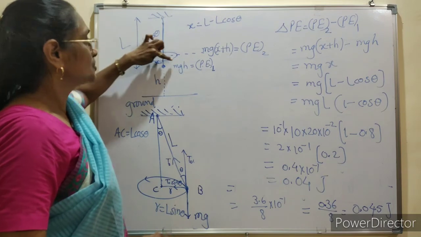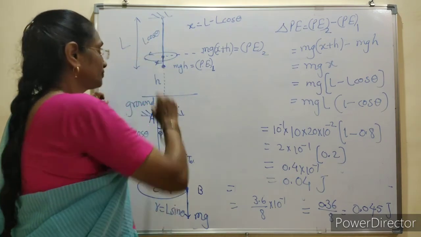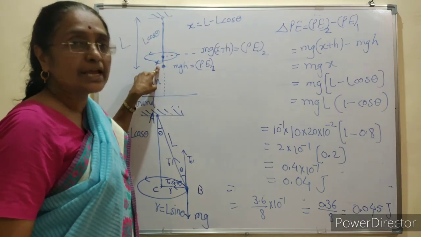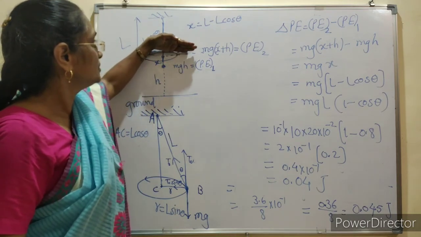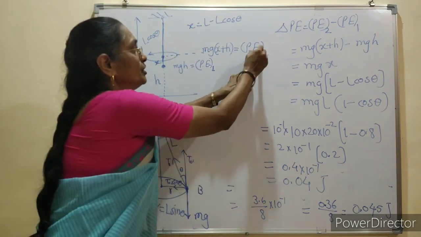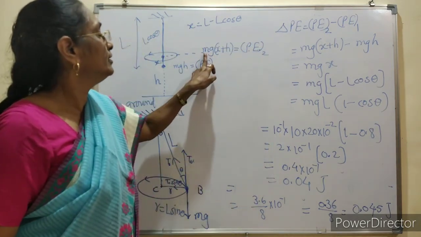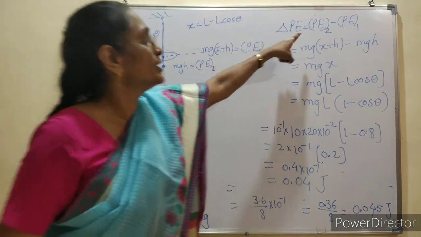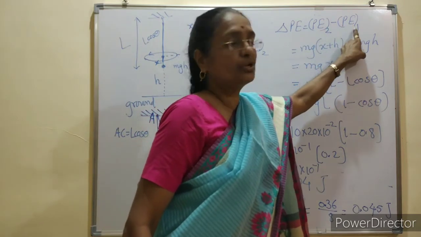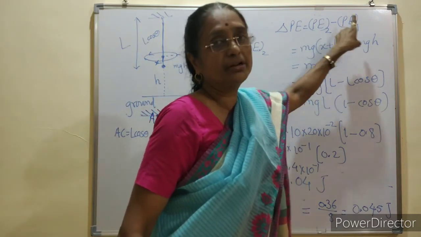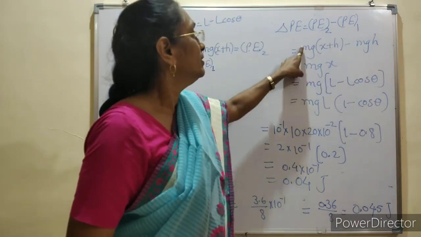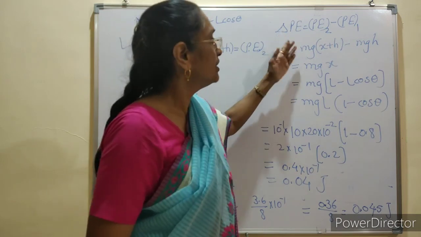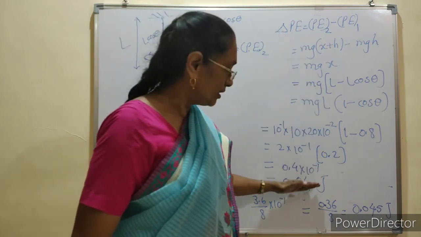But when it performs circular motion, it gets slightly raised through a distance x. Then at this point, the potential energy is denoted by potential energy 2 and its formula is mg(x plus h). So if we take the difference, potential energy 2 minus potential energy 1, meaning final potential energy minus initial potential energy, we get mg into x, which is called the change in potential energy, and the substitution is simple here.